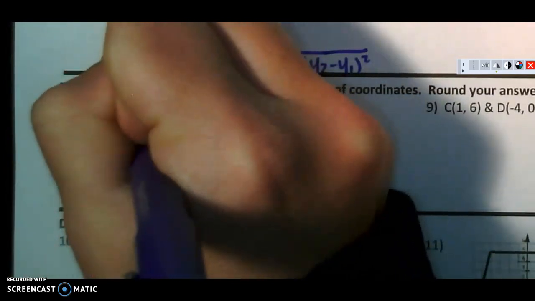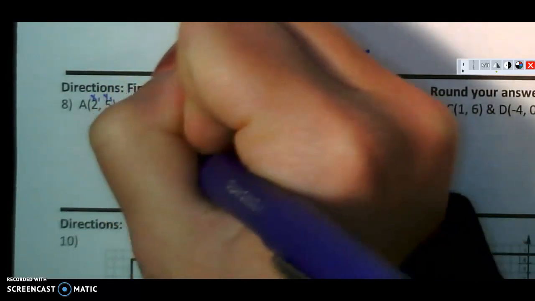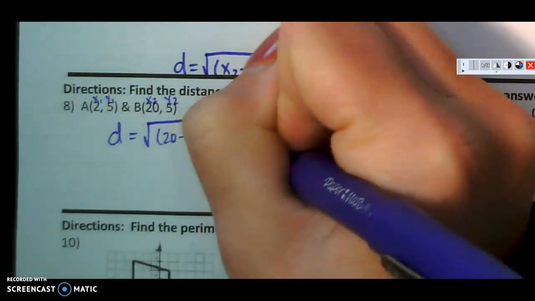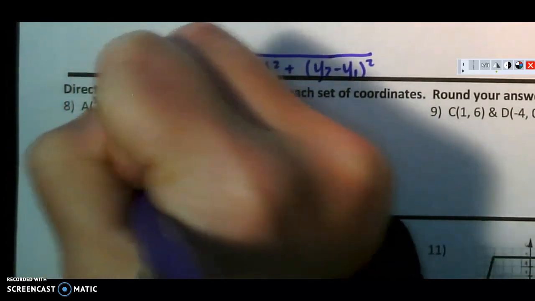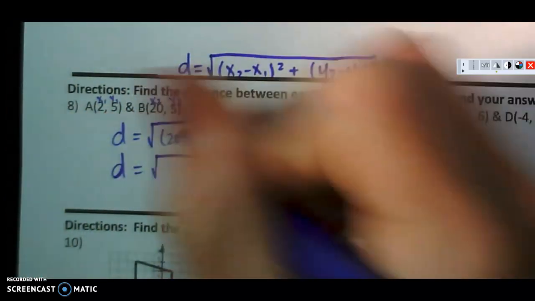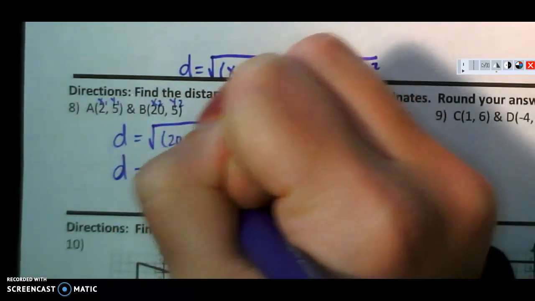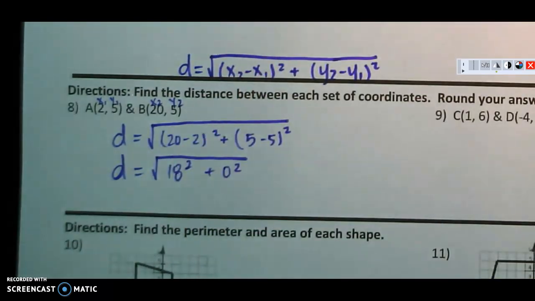The distance from A to B is 20 minus 2 squared plus 5 minus 5 squared. Okay, so that's going to be the distance is equal to 18 squared plus 0 squared, which is just 0.